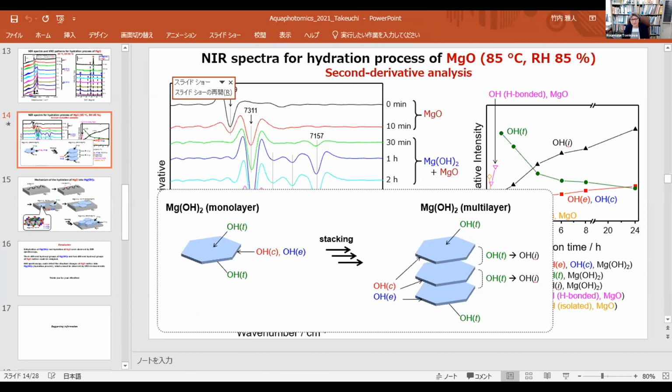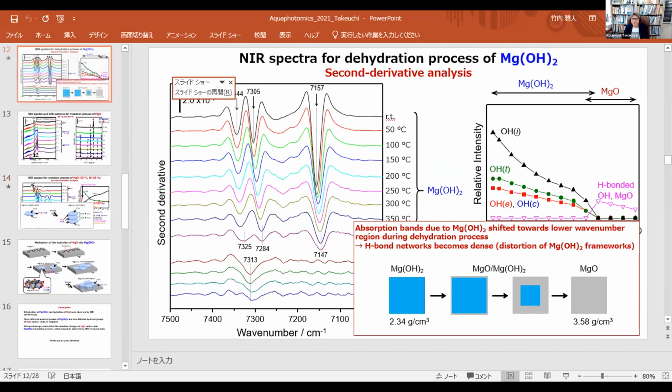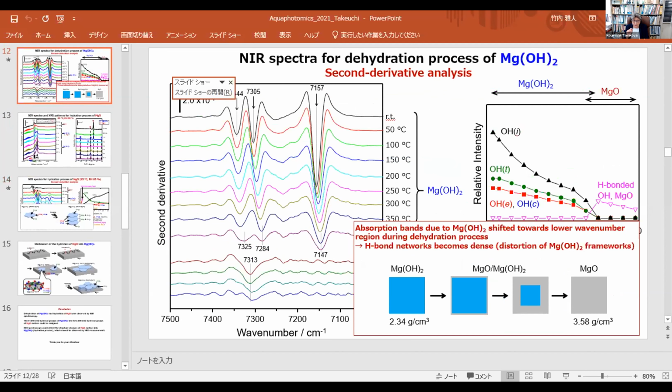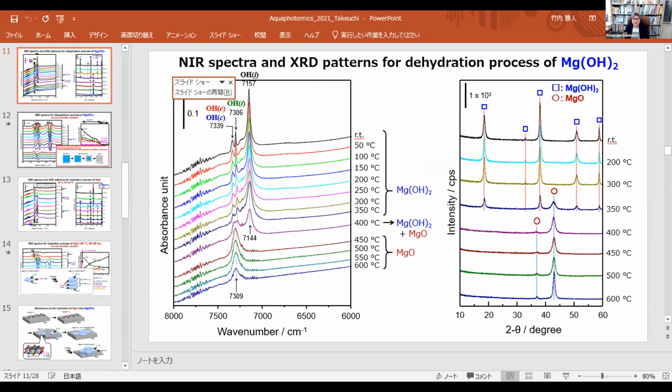So I calculated them. 7157 is so-called trapped water. We call it trapped water because it is within ions. Single, this one? Yeah, this one. It's single.